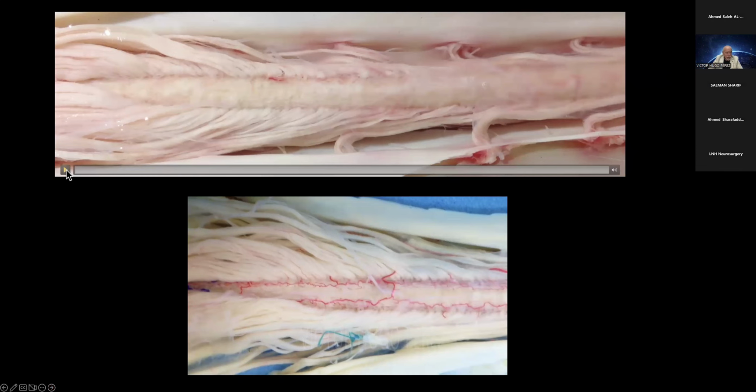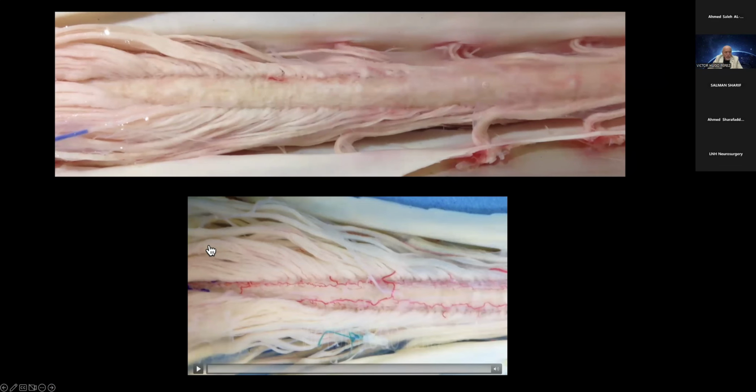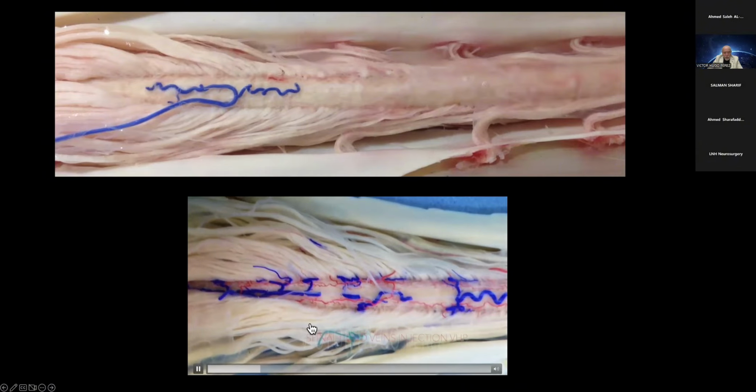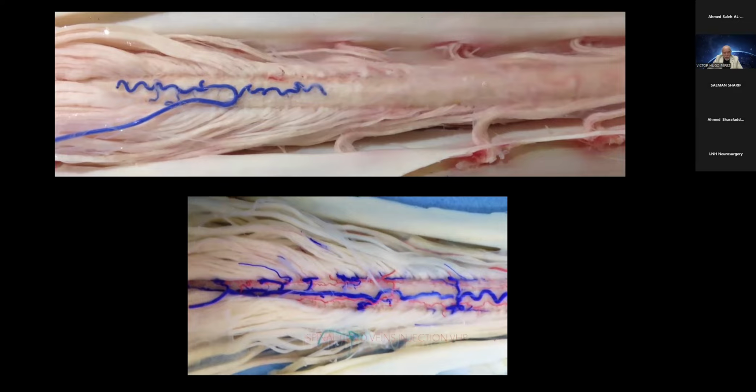For example, in this specimen we had this kind of drainage, and in this we had another form, a variation in the drainage veins.